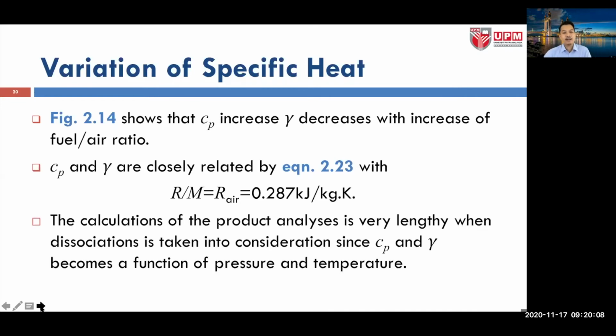The calculation of the product analysis is very lengthy, and we are not going to go through it when dissociation is taken into consideration, since Cp and gamma become a function of the pressure and temperature. To simplify, in our calculation later on, we are just going to use the values given in the question.